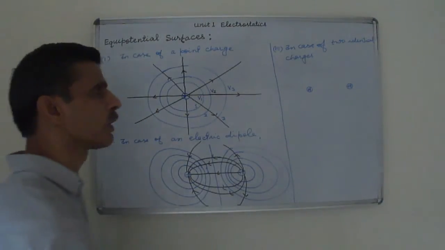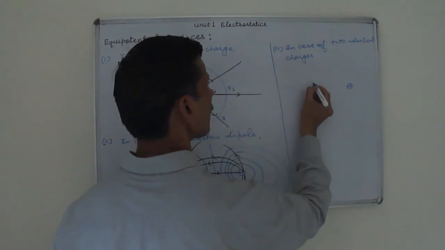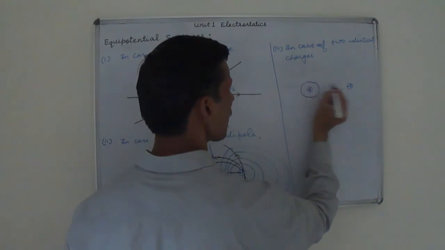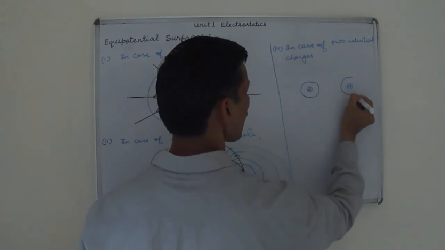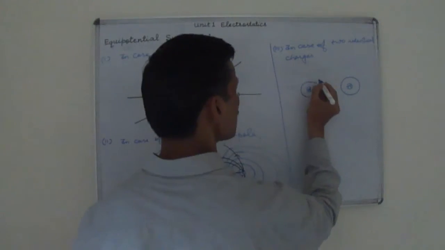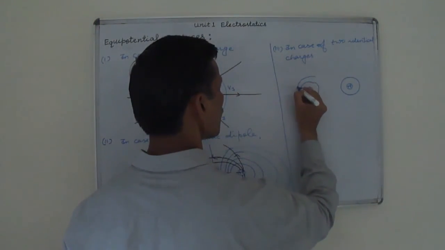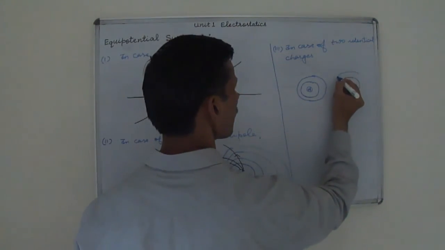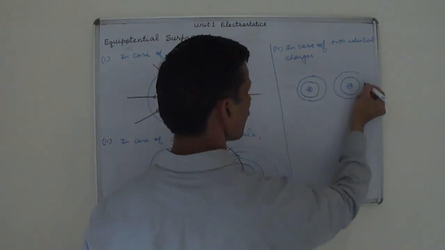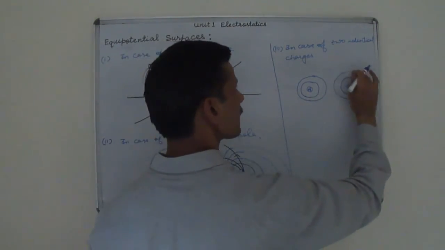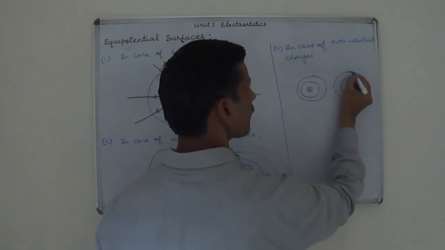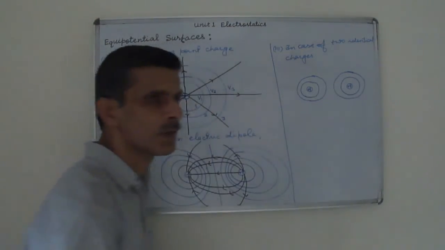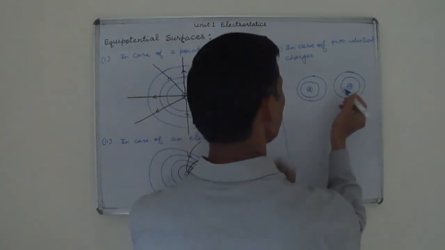So here we can draw equipotential surfaces. Say this is surface 1. Another surface. Here centers of these spherical surfaces shift towards each other.